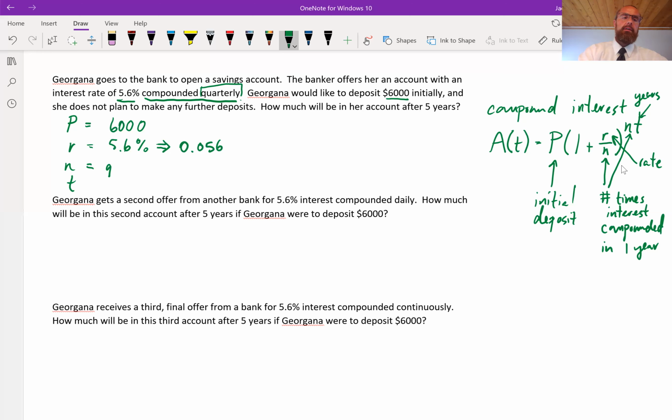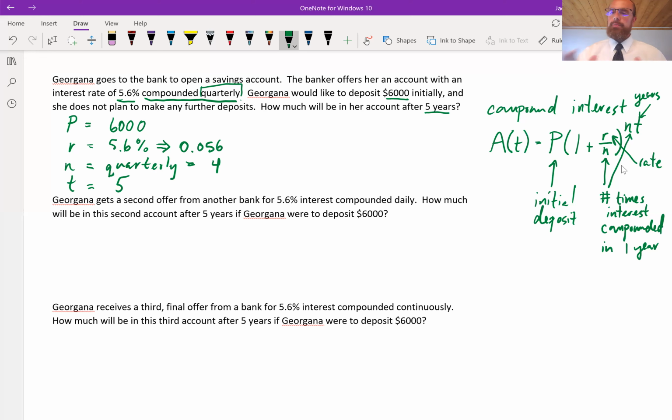If you think about how many quarters are in 1 year, that implies that the number is 4. We'll give some other examples of intervals of compounding the interest in a moment, but let's just calculate this one first. Our t value is the amount of time that we're interested in passing, and that's 5 years. So we've gathered our 4 pieces of data.